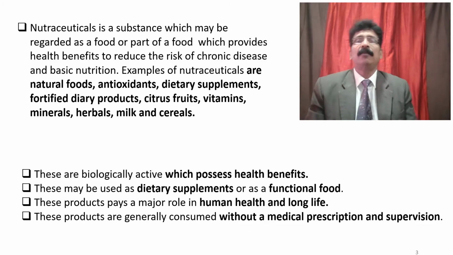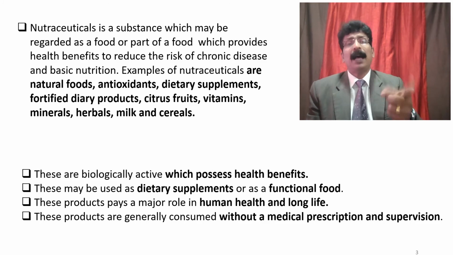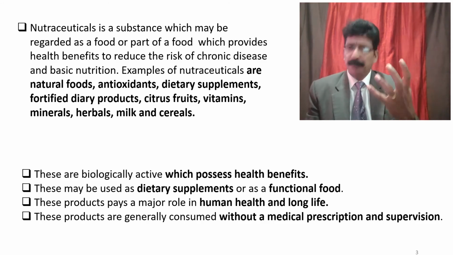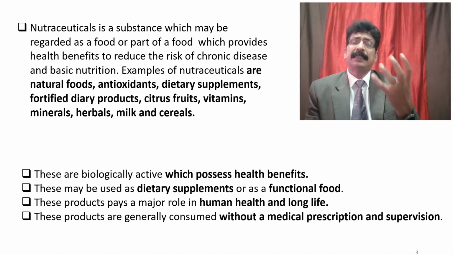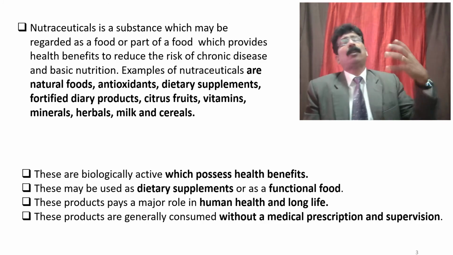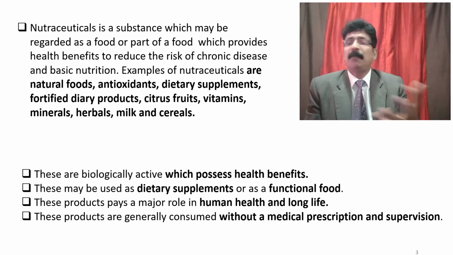It has also given many openings for our pharmacists. Examples of nutraceuticals are natural foods and antioxidants. When we talk about antioxidants, you should know that they are very important. We are finding a lot of patients with different kinds of cancer. When it comes, where it comes from, why and how it is coming, we are not able to identify.